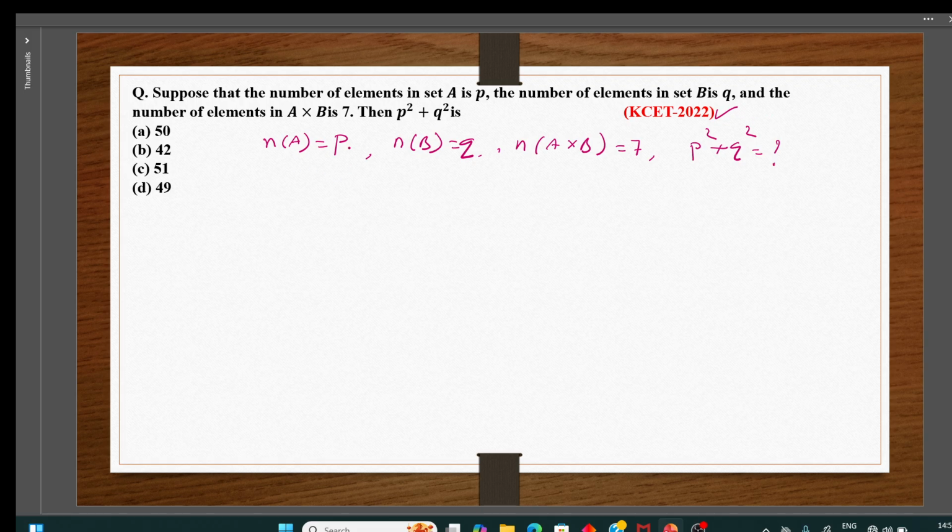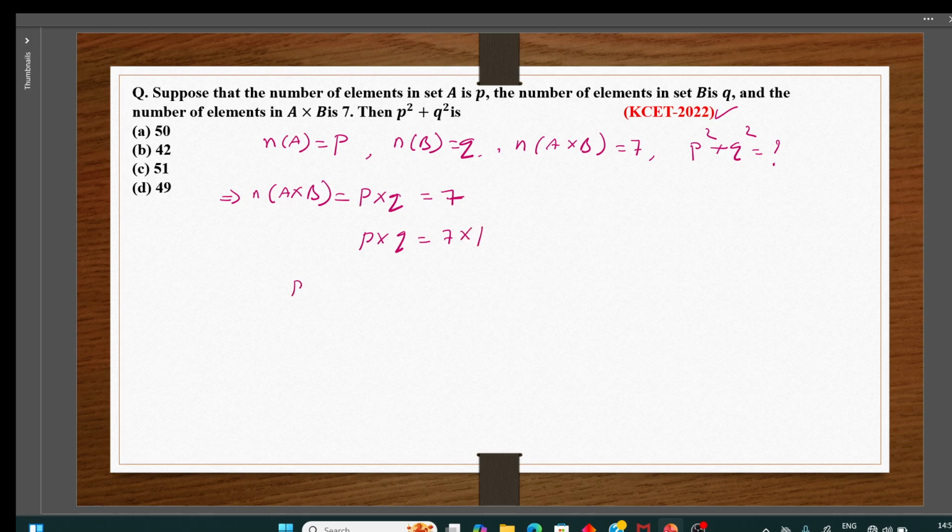So we know n(A) = P, n(B) = Q, n(A × B) = 7, and we need P square plus Q square. Here n(A × B) means, by formula, P into Q. So P into Q is 7, which is written as 7 into 1.